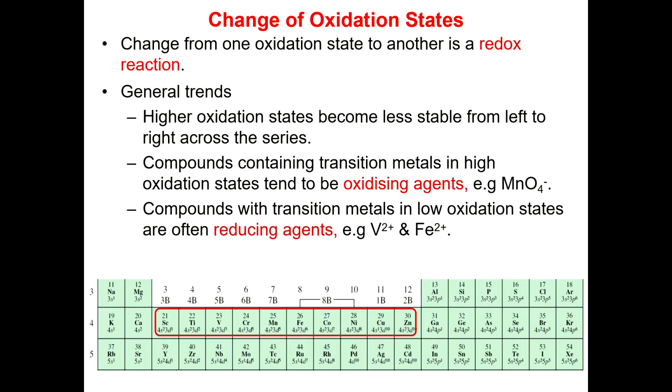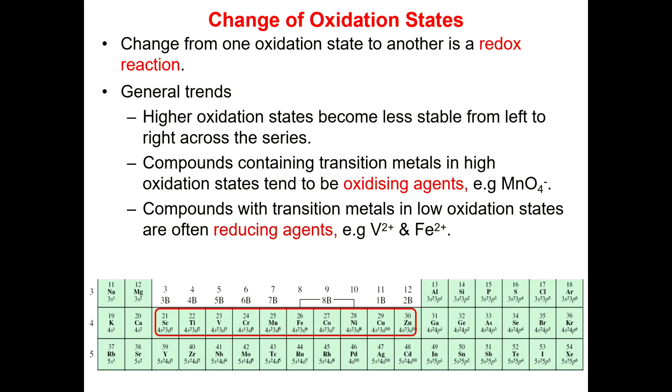Okay, and the change of the oxidation states. If the compounds contain transition metals in high oxidation states, they tend to be oxidation agents. This means, for example, in this case, the metal has a high oxidation state, like a +7 charge, right?